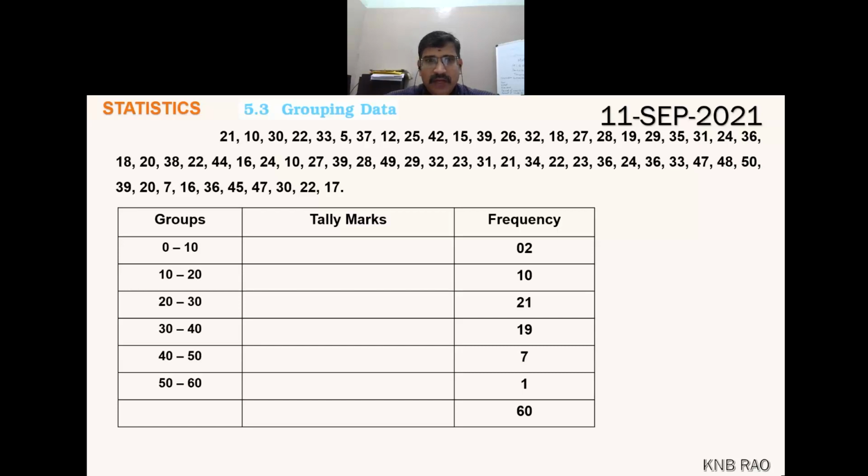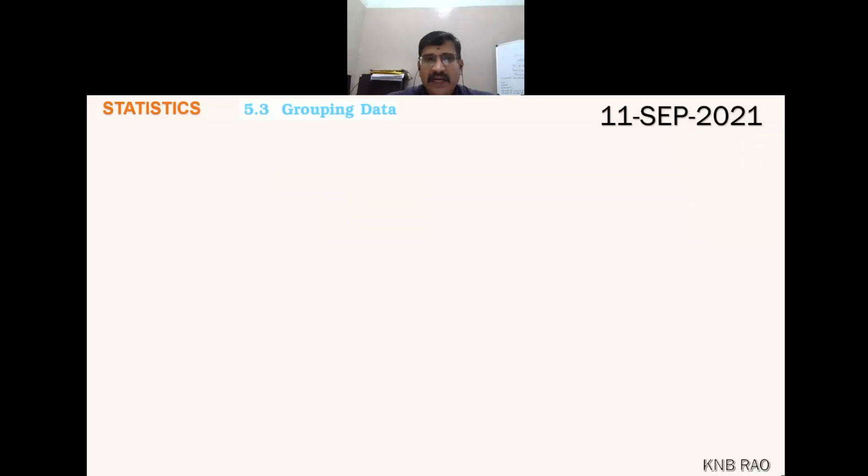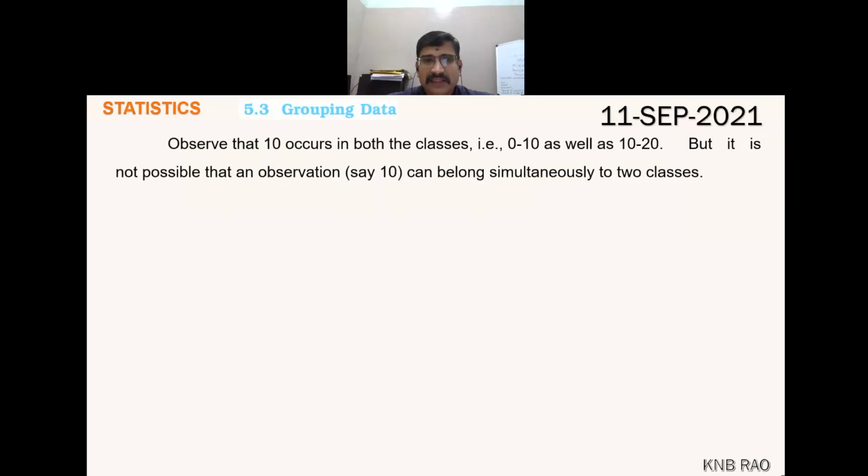Yeah, now moving on to the next point. Observe that 10 occurs in both the classes, that is 0 to 10 as well as 10 to 20. But it is not possible that an observation can belong simultaneously, which means at a time, in two class intervals. It is not possible that 10 is present in 0 to 10 as well as 10 to 20.